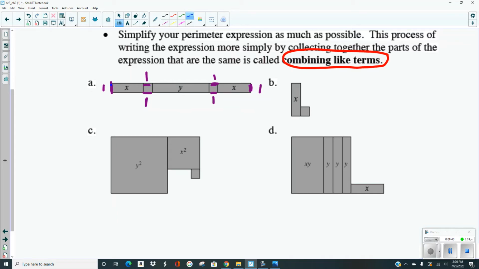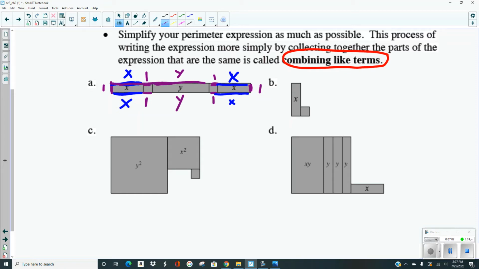Continuing, here is the x tile, so that's a side length of x. This is also a side length of x. Same goes for this tile here. Now we have our y tile with the dimension of y.